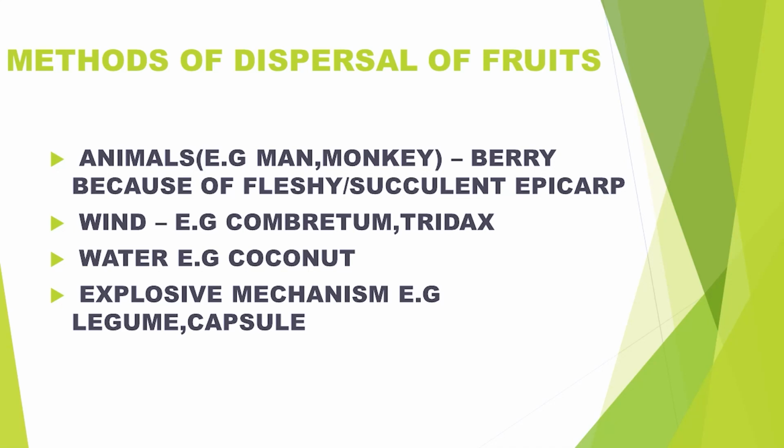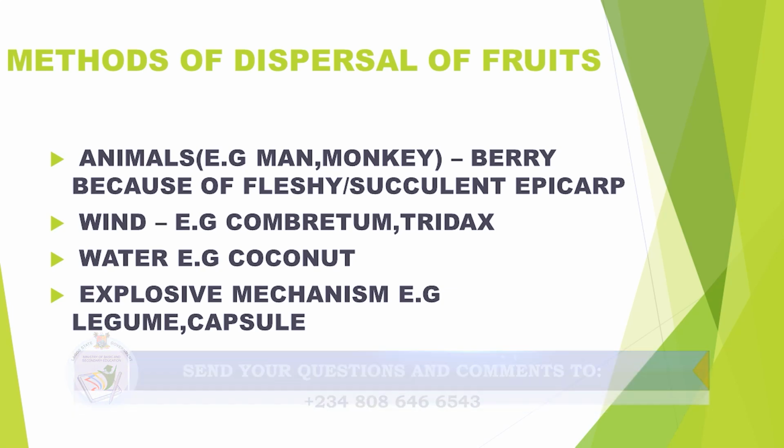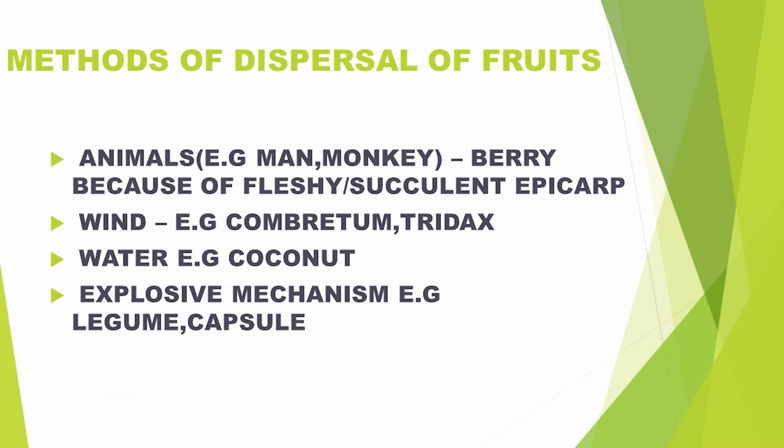Now let us look at method of dispersal of fruits. Depending on the type of fruits, agents of dispersal are animals, wind, water, and through explosive mechanisms. For fruits that are fleshy, those ones are usually dispersed by animals because animals will look for them as source of food.